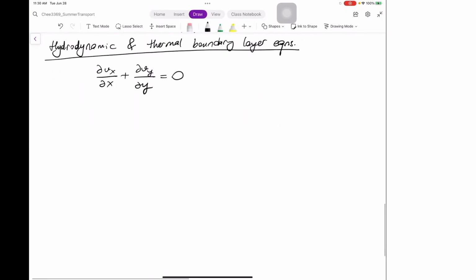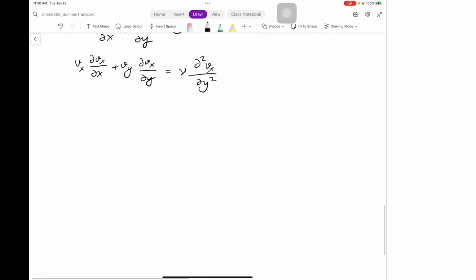And then the x momentum equation: Vx del Vx over del x plus Vy del Vx over del y is equal to nu del squared Vx over del y squared.